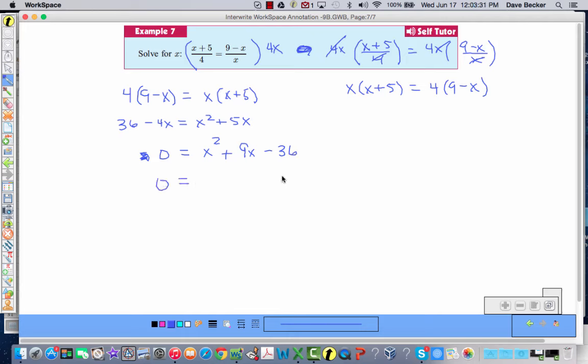Factors of negative 36 that give me a positive 9 would be a positive 12 and a negative 3, right? 12 times negative 3 is negative 36. 12 minus 3 is positive 9. So then I have 0 equals x plus 12, or 0 equals x minus 3. Therefore, x equals negative 12, or x equals 3.